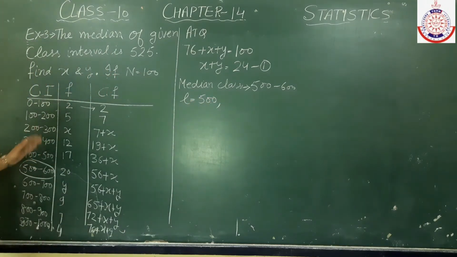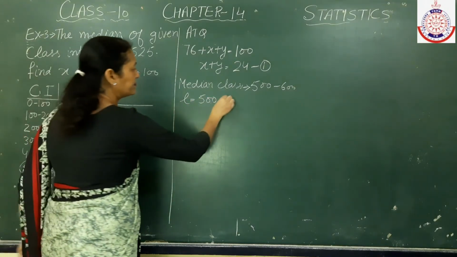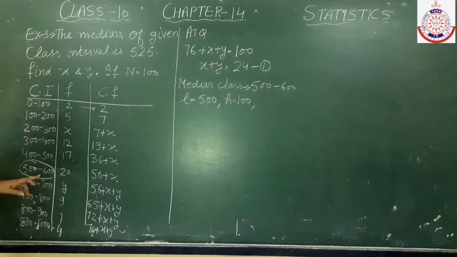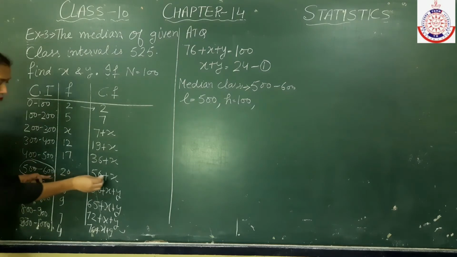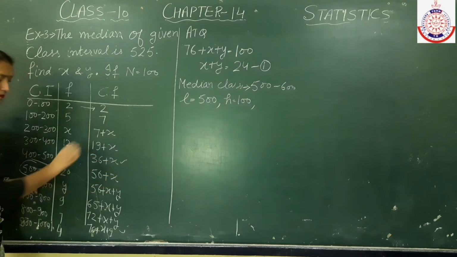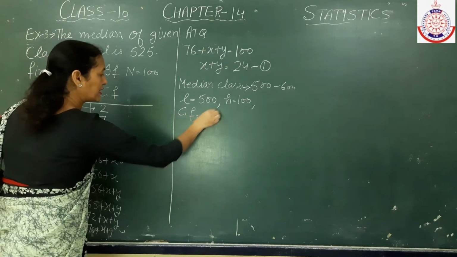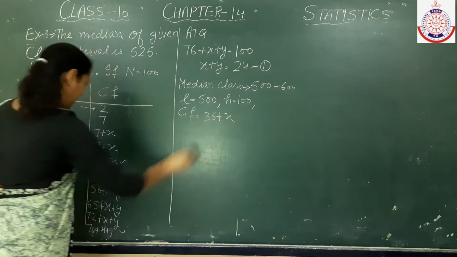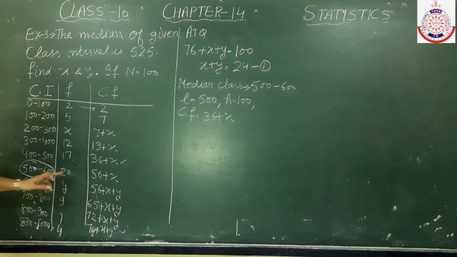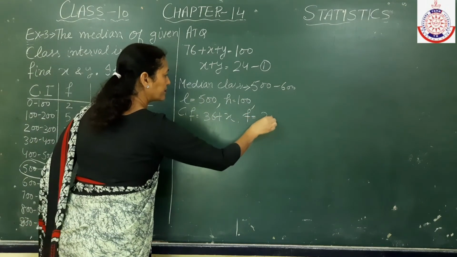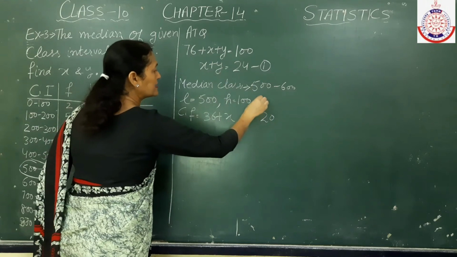Class width, as you can see, size is 100. If this is median class, then median class of one preceding. Cumulative frequency of preceding class is 36 plus x, and frequency of the median class is 20. And n it is given to us is 100.